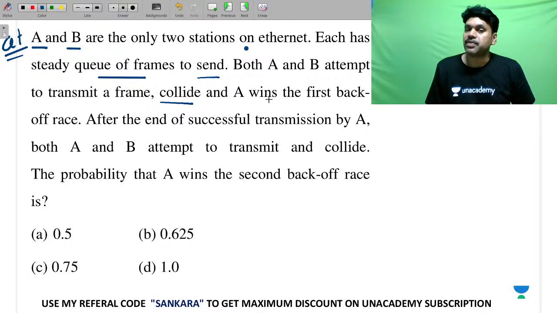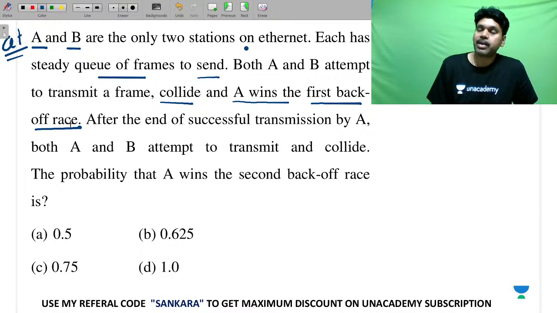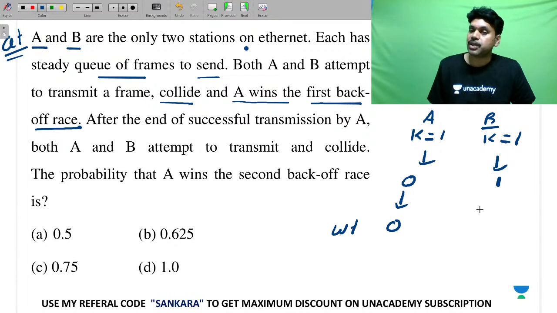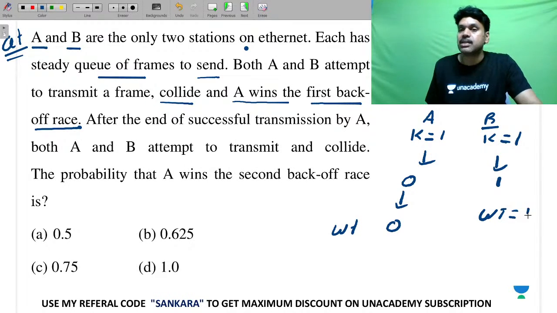When they collide for the first time, the examiner is concluding that A wins the first phase. A wins the first phase means what? A's collision number and B's collision number are the same, 1. So A might have chosen slot number 0, B might have chosen slot number 1. That's why A wins the race, because A's waiting time is 0 and B's waiting time is 1 into 2 into TP. That's nothing bad.